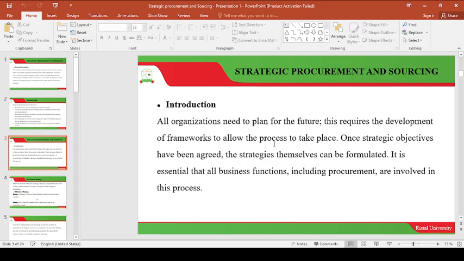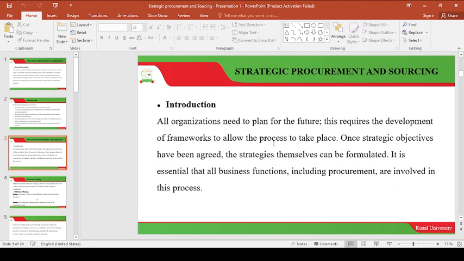So, to set strategies, one needs to set the objectives. So when the strategic objectives have been agreed, the strategies themselves can be formulated to achieve that objective. So it is essential that all business functions, including procurement, are involved in this process.